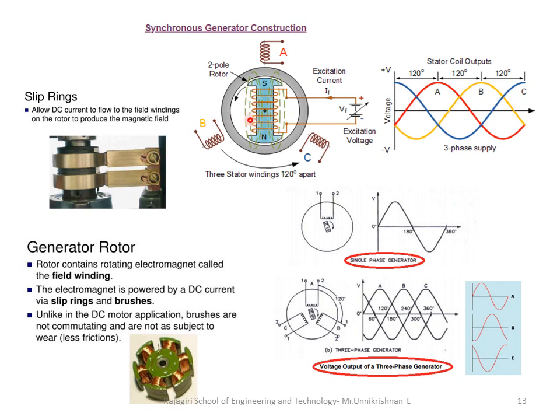So in huge machines or high rated generators, your field will be rotating. In this figure, for you to understand, we have shown a two-pole rotor, and it is an electromagnet, and it is given a DC voltage. As the rotor is rotating, for giving the supply to a rotating structure, you require slip rings. So these slip rings are provided for giving the rotor supply and making the rotor an electromagnet.